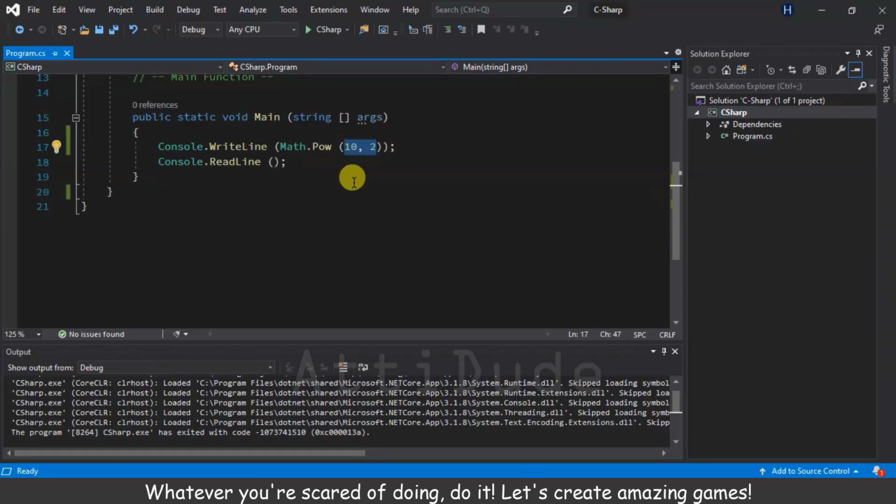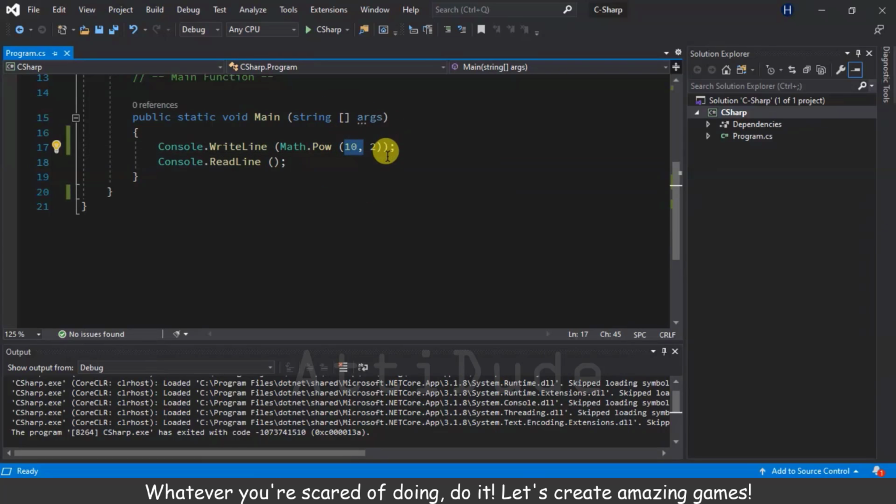And if you don't know what powers are, I recommend you watch any Wikipedia page about power, or I'm just gonna explain to you what power actually is. If you have a number with a specific power, like we have in our case 2, and that number is 10, then we are multiplying that number by itself y number of times.